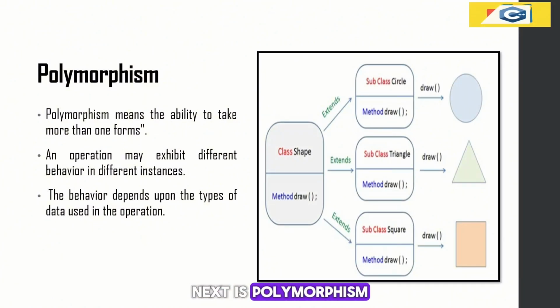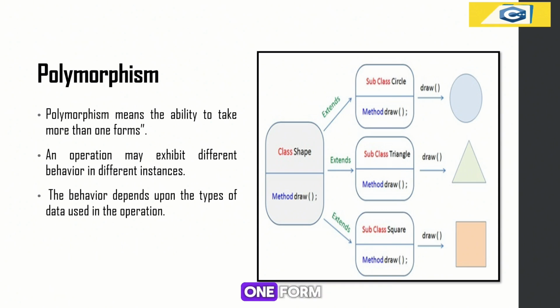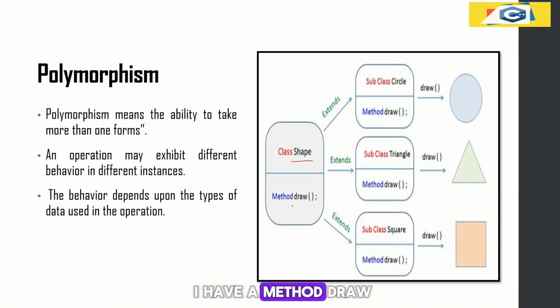Next is polymorphism. Polymorphism means the ability to take more than one form. Take an example in this image. I have a class shape, I have a method draw, and some derived classes circle, triangle, and square.